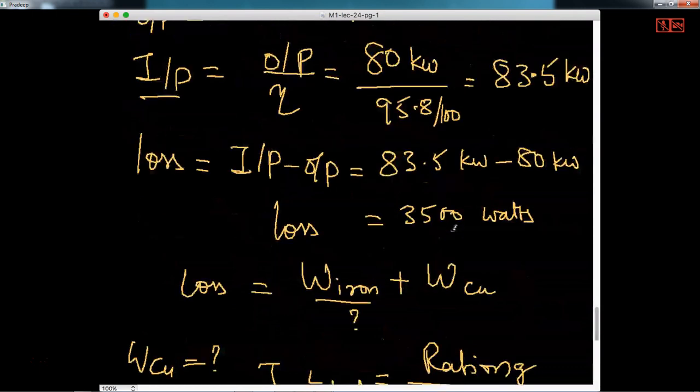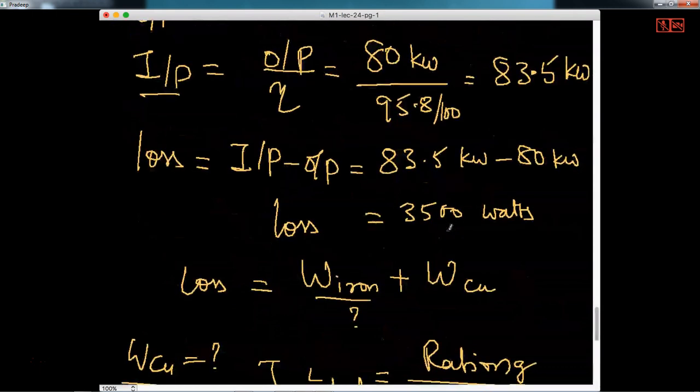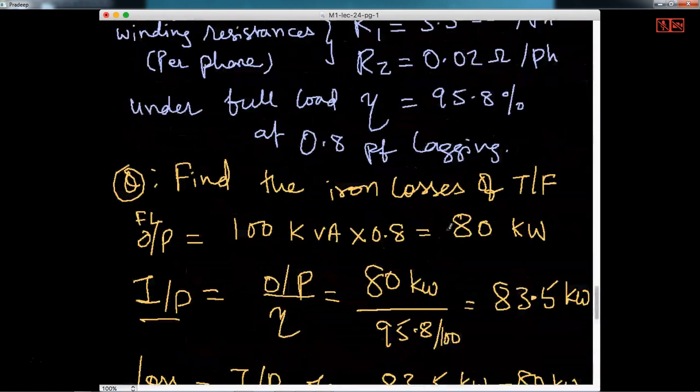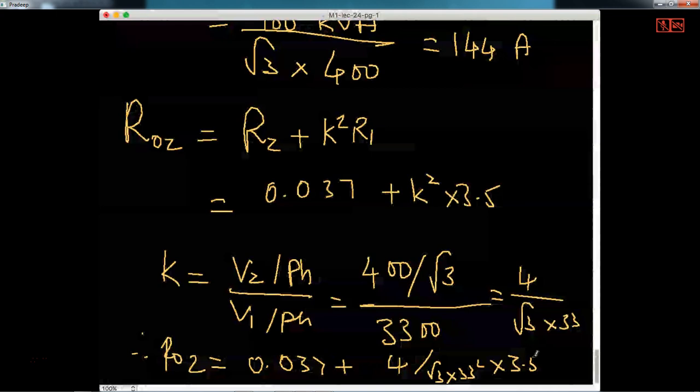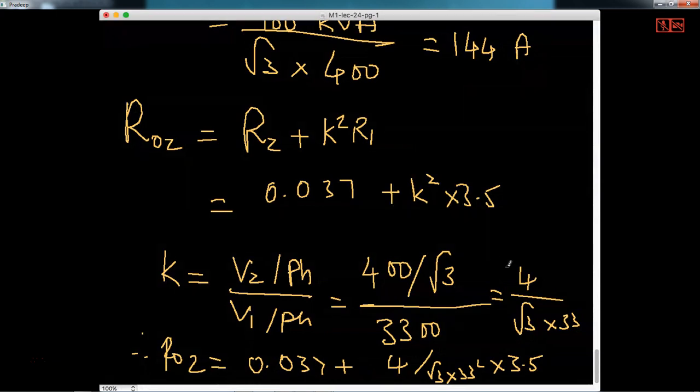See, all these values are given in the question itself. Now if you simplify this calculation, you will finally get R02, apparently 0.037. So R02 is equal to 0.037.